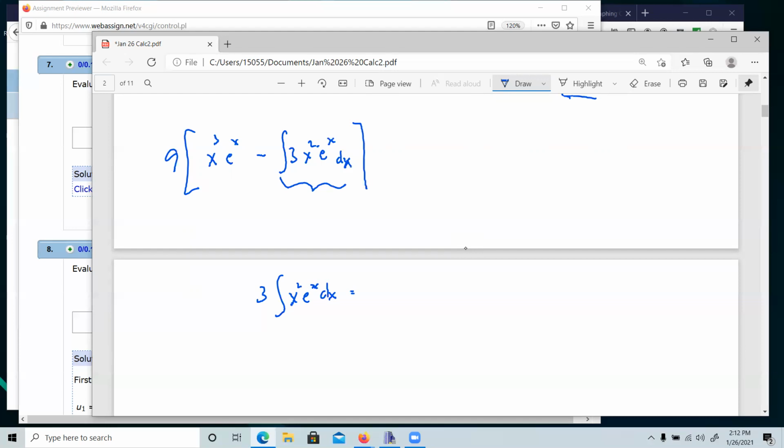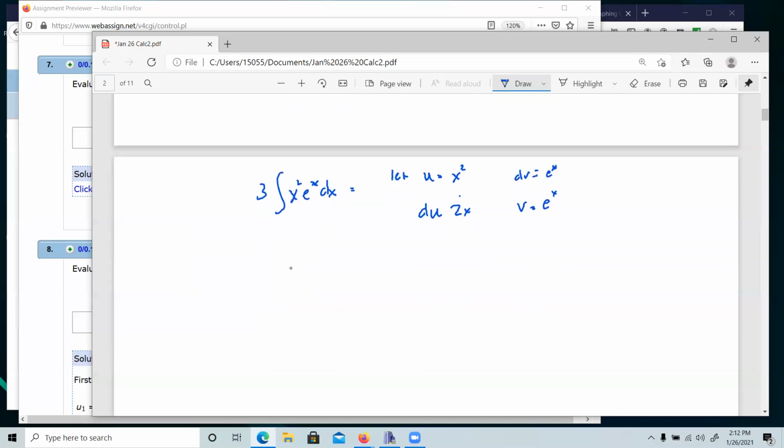Well, we do integration by parts again. So we're going to say let u equal x squared, dv is equal to e to the x, du is 2x, v is equal to e to the x. So this piece here is equal to 3 uv, x squared e to the x minus integral 2, x e to the x dx.